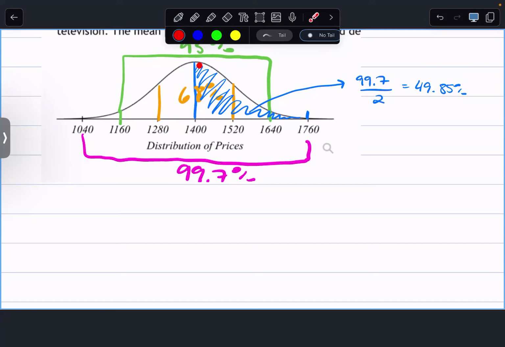From the mean all the way out to infinity, technically, these tails go to infinity. They never close. So you're expecting this area to be less than 50%, but close to it, because you've moved out 3 standard deviations above the mean.